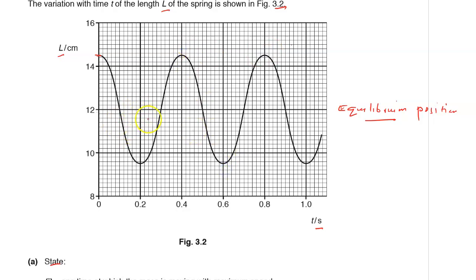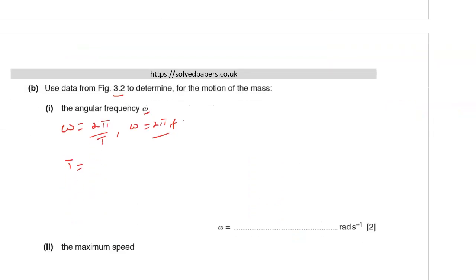Period. So I'll go for this, also from 0 to this. So basically T is 0.4. So also from there to there, it will be 0.8 minus 0.4, which gives us 0.4. So period is 0.4.